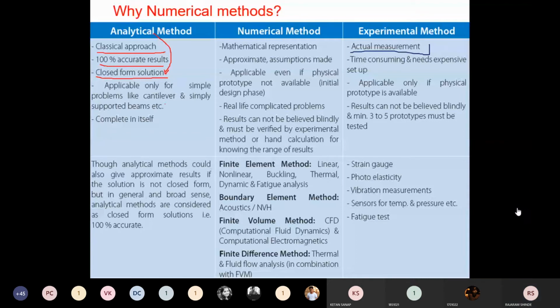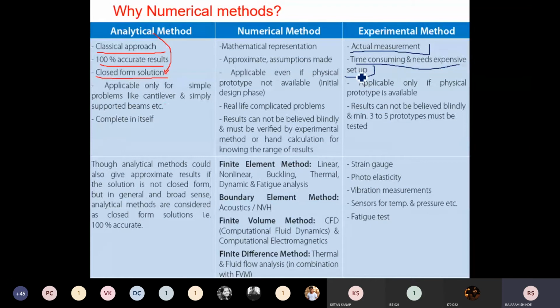Do you agree with this? See here, this is the advantage: actual measurements taken in the experimental method. But this is a disadvantage: it is time consuming and needs an expensive setup.